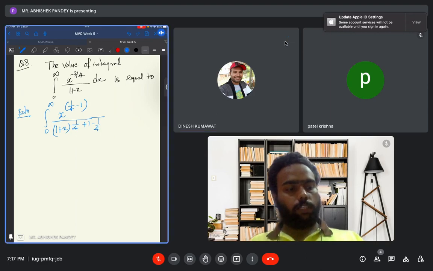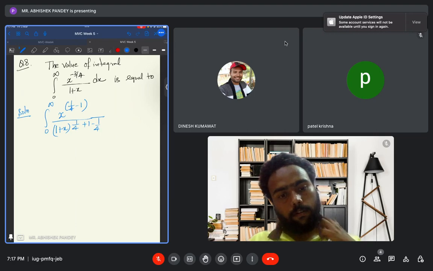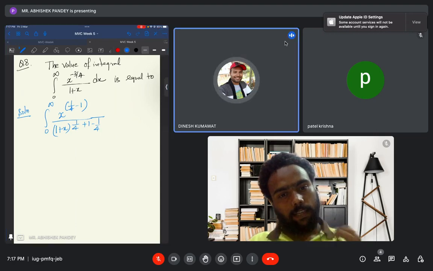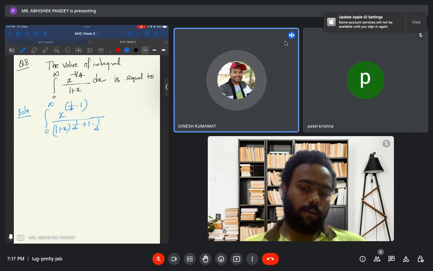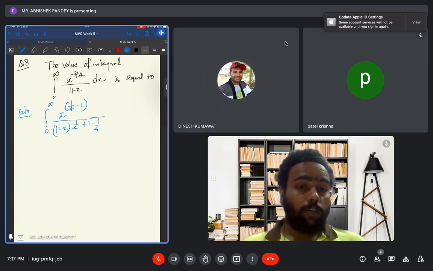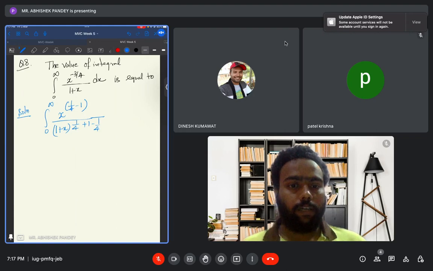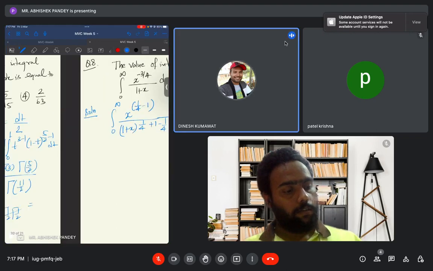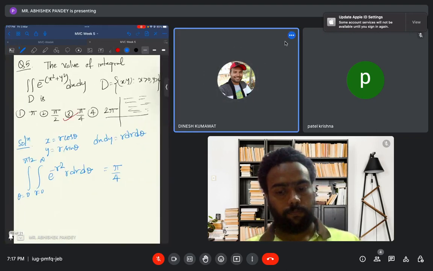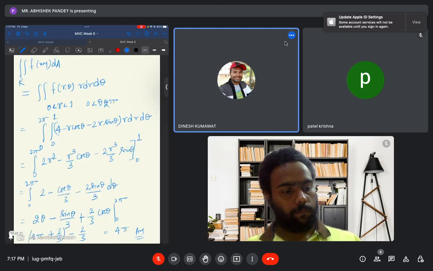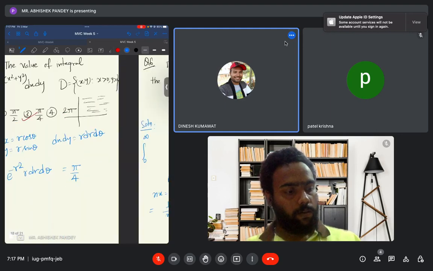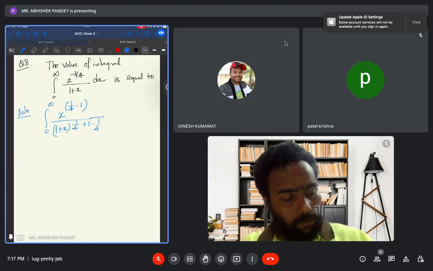Okay, so now this you can write as, I think this is the duplication formula. Which formula? No, I don't remember right now. Gamma x into gamma y. Okay, wait, I will, sorry.